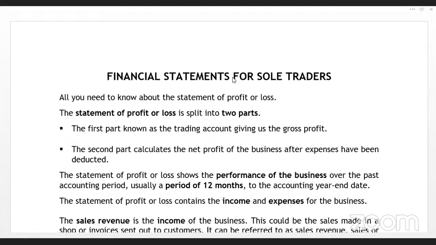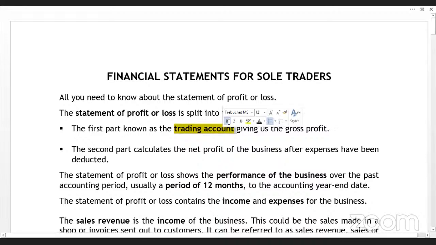We are going to see how we come up with a statement of profit or loss, and why we prepare it. The statement of profit or loss is split into two parts. The first part is known as the trading account, and that trading account gives us the figure for gross profit.